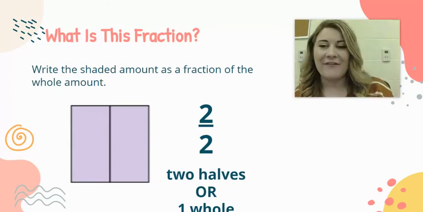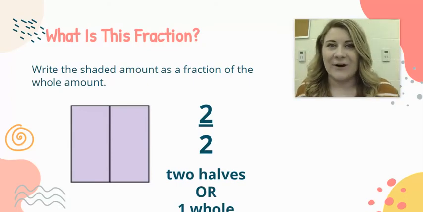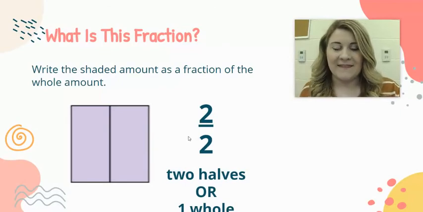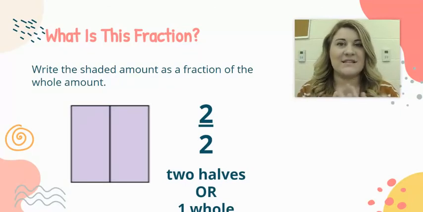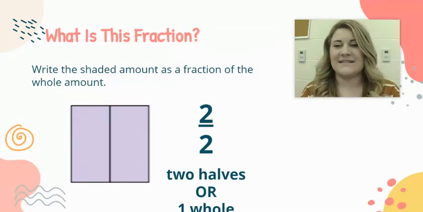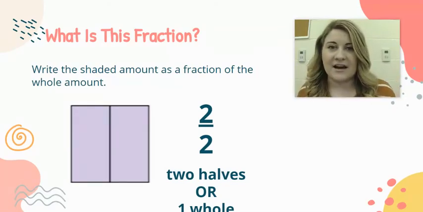So when you have the whole thing colored in, that is a whole. When you have the same number on top as the bottom, that means 2 out of 2 pieces are colored in. That means the whole thing is colored in. So that can also be said 1 whole, okay? Because that is no longer really a fraction. It's the whole thing is colored in.